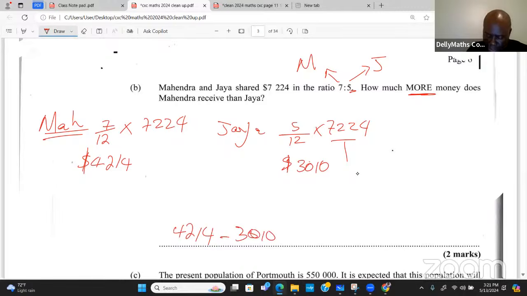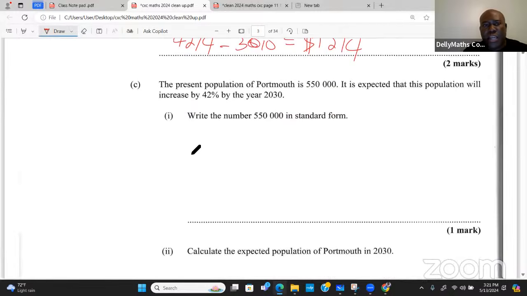And we're getting $1,214, right? So there it is. Let's write it. Mahindra got $1,214 more than Jaha.